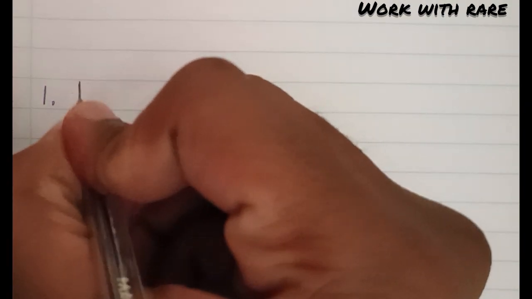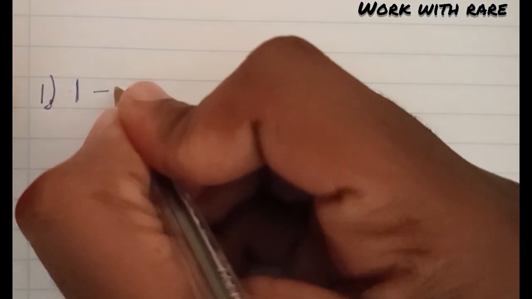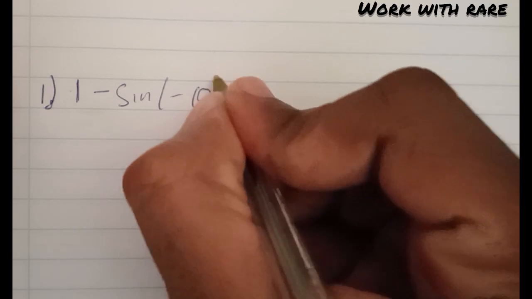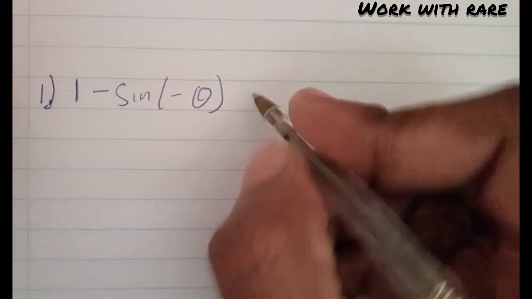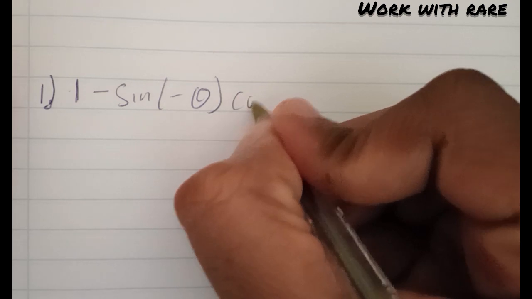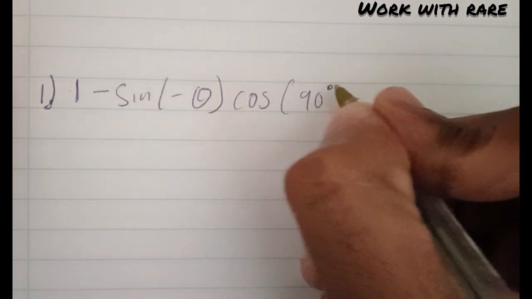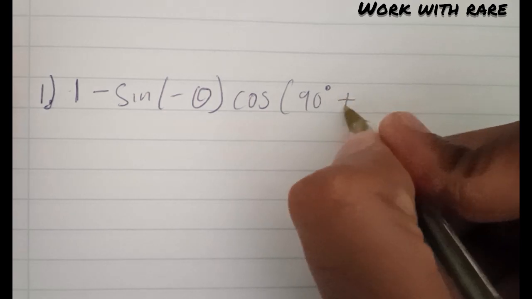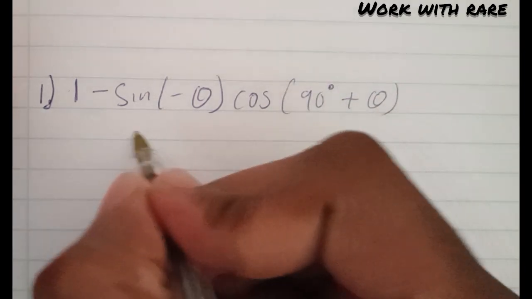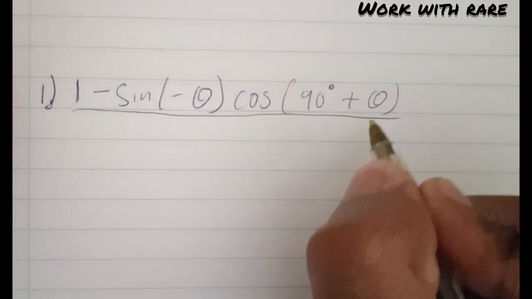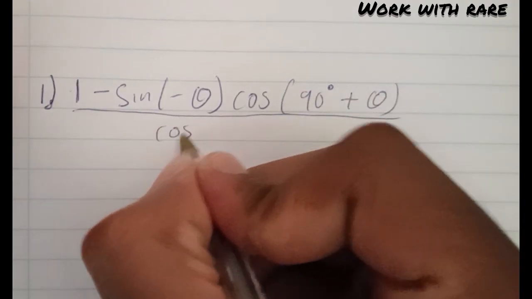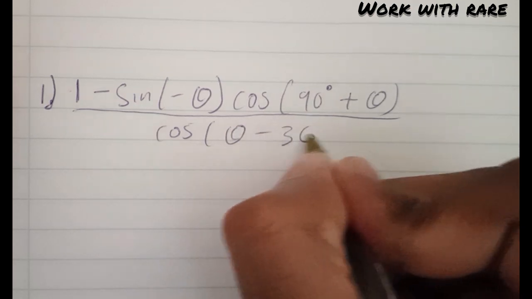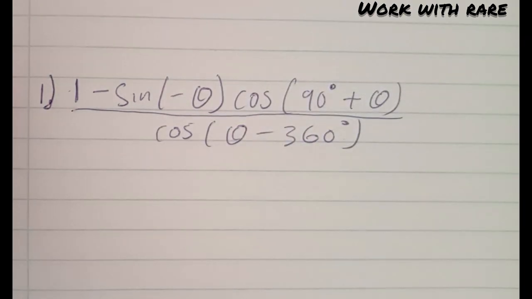Okay, so let me write it here. It's 1. Remember, this is number 1. So here it's 1 minus sine negative alpha, cos 90 degree plus, all over cos, I think it's theta.